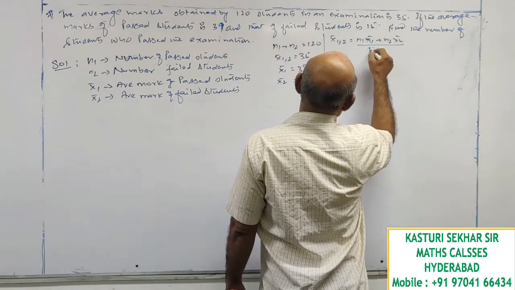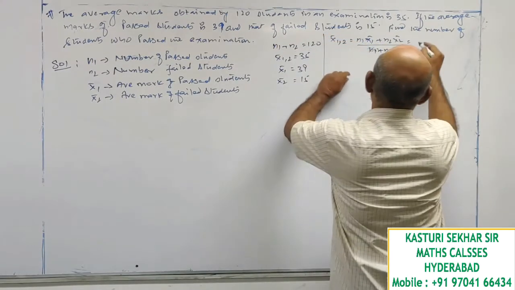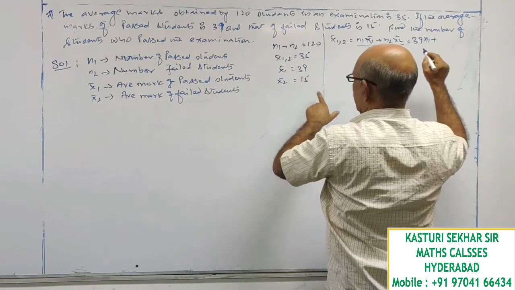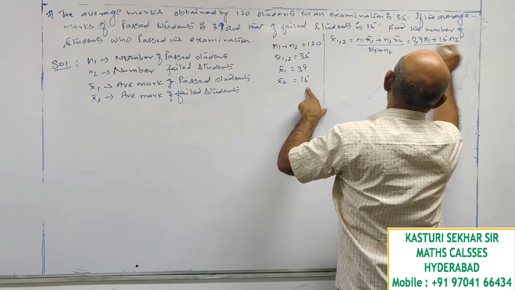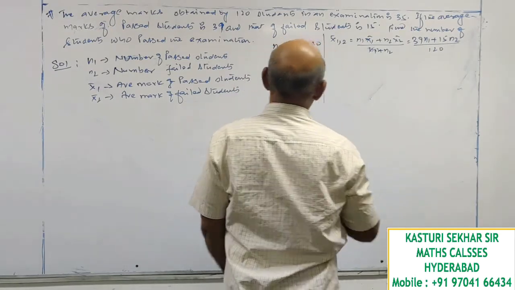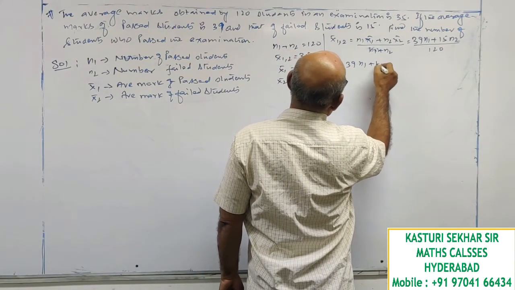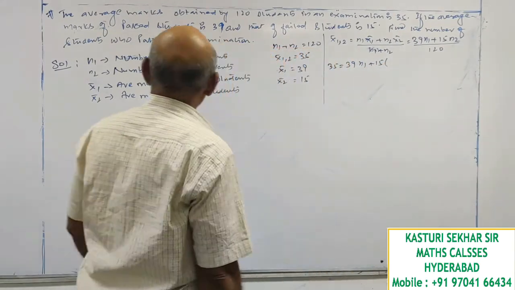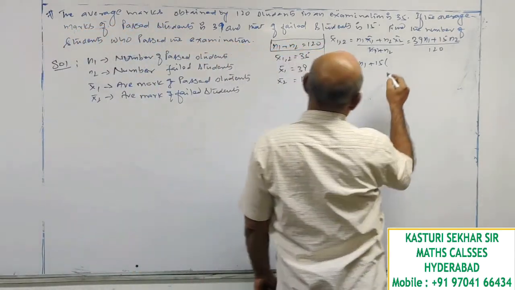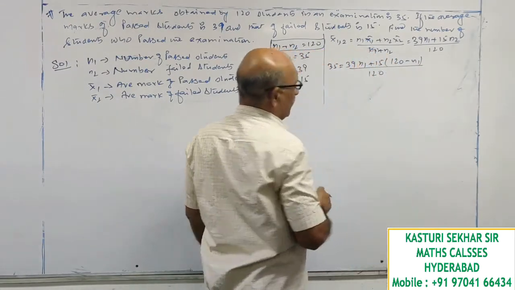I am writing the formula: 35 is equal to 39 into N1 plus 15 into N2, divided by 120. Let me replace N2, sir. N1 plus N2 is 120. Now cross multiply.